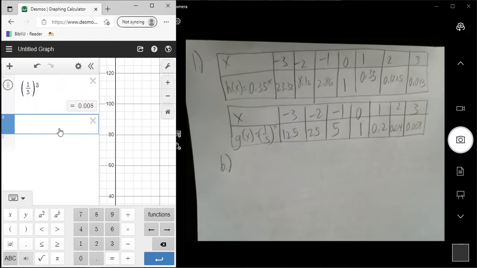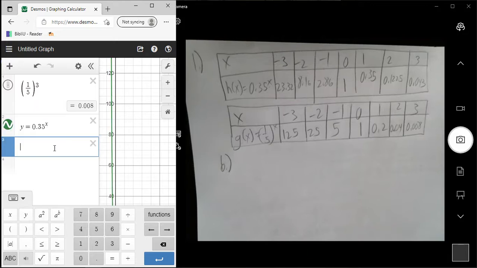So we know G of X and H of X is really just saying Y. So we could just say Y is equal to 0.35 to the X power. And then we could say here, now that would be your H of X.